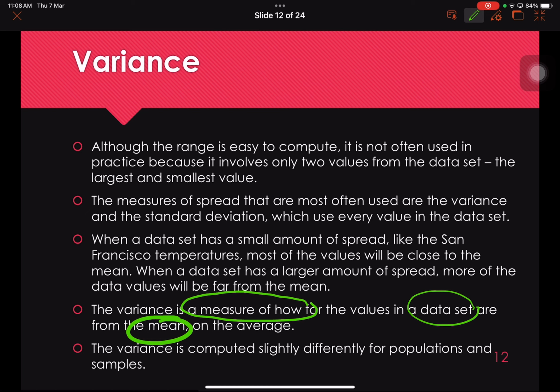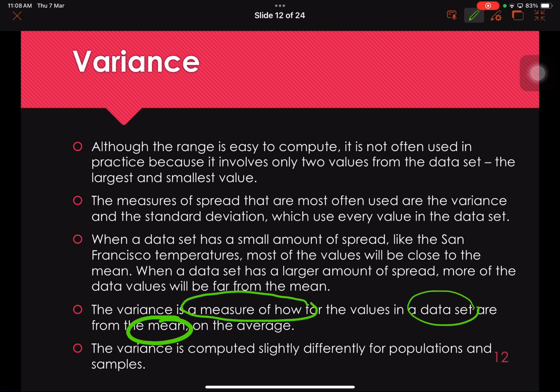And the last one: the variance is computed slightly differently for populations and samples. What you notice here is that when we calculate mean, median and mode, we don't take into account whether it is a population or a sample. The formula for measures of central tendency is the same.